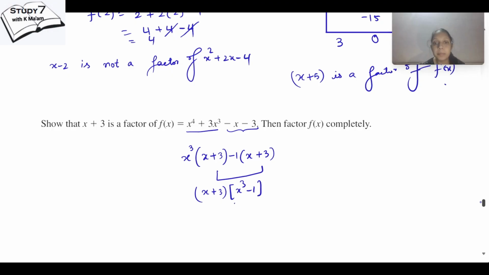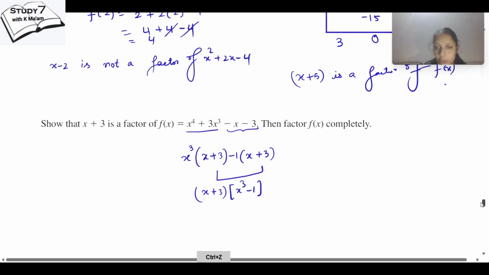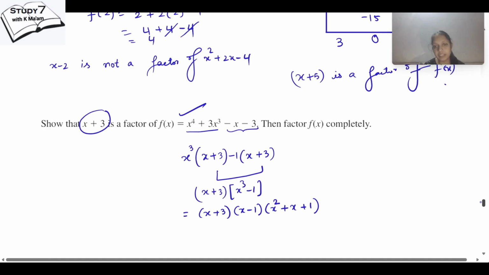This remaining form is a cube minus b cube, because you can write 1 as 1 cube. It's the same thing. x plus 3 as it is, here (x minus 1)(x square plus 1 times x plus 1 square). This is the complete factorization of the given polynomial. We have to show x plus 3 is a factor, so yes, x plus 3 is a factor here.